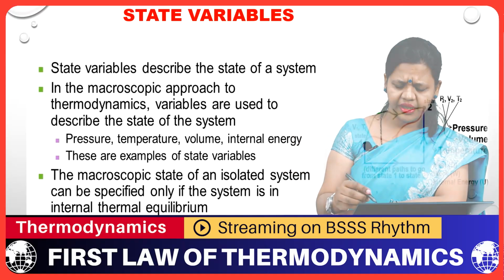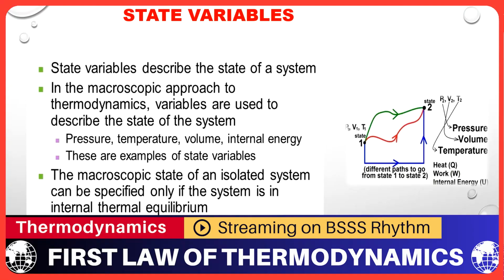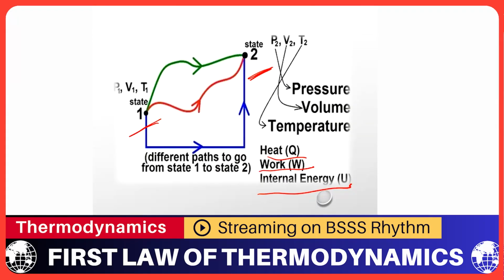As we can see over here, for example, in any system, the value of heat or the value of work, internal energy, these are all state variables, because if we start from a point A and reach point B, or 1 and 2, whatever we say, the paths can be various.